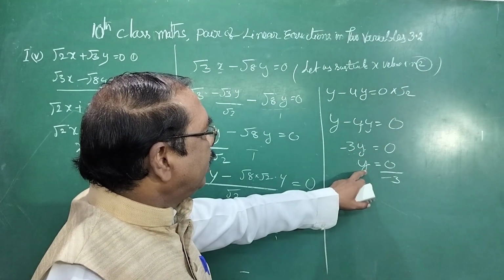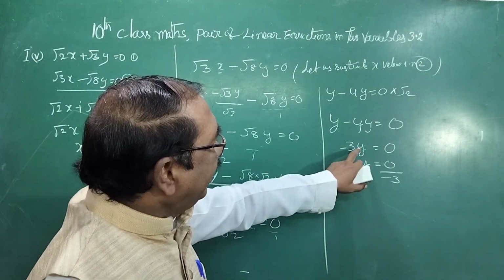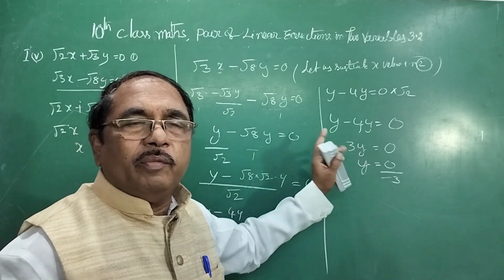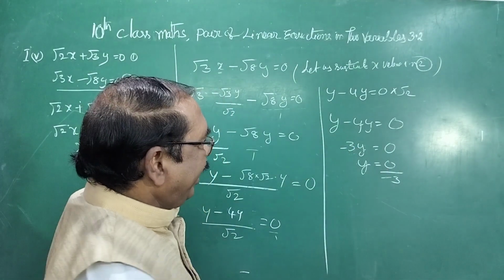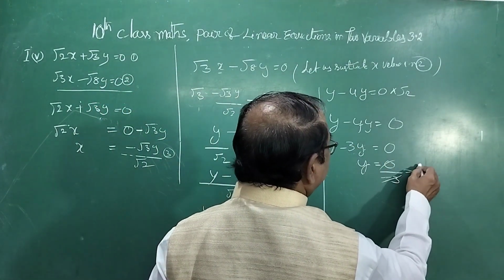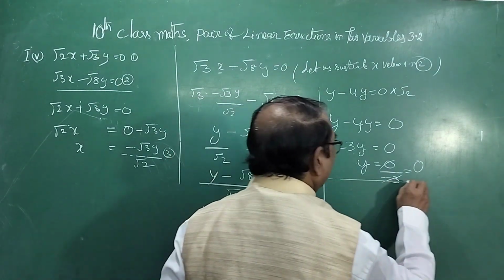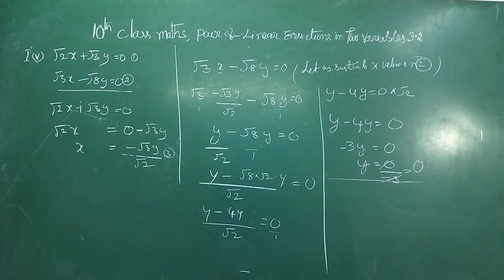We have to find y, so minus 3 remains and goes to the other side, divided by minus 3. 0 divided by minus 3 is equal to 0. So y is equal to 0, we found.